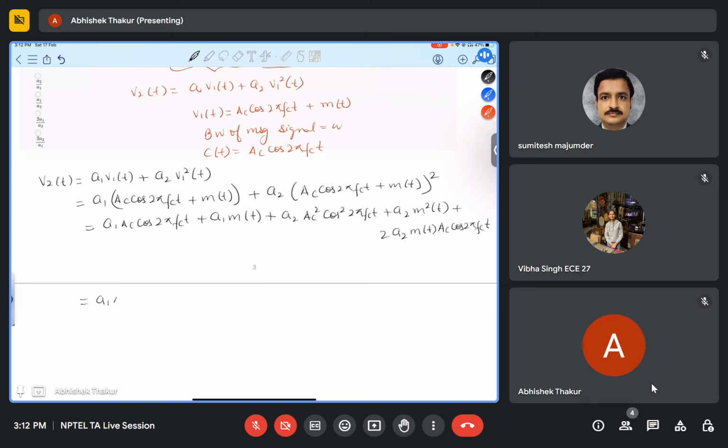Now we'll take the common terms. If we take a1 Ac common, from the cos 2πfct terms, this will become 1, and this will become 2a2 by a1 m(t), with cos 2πfct also taken as common.